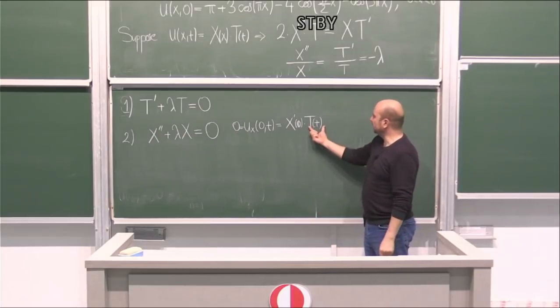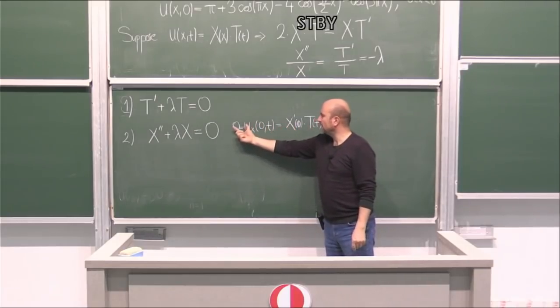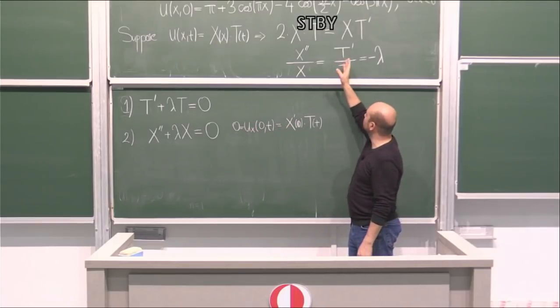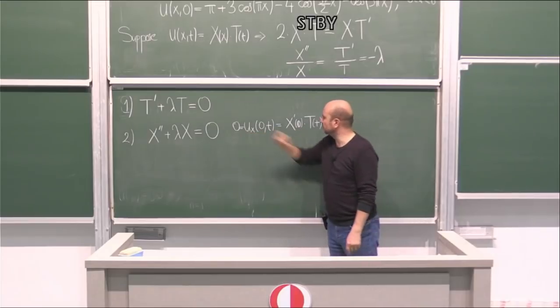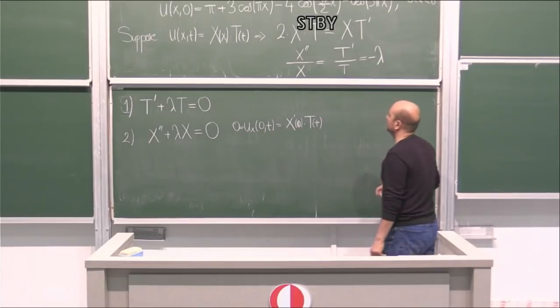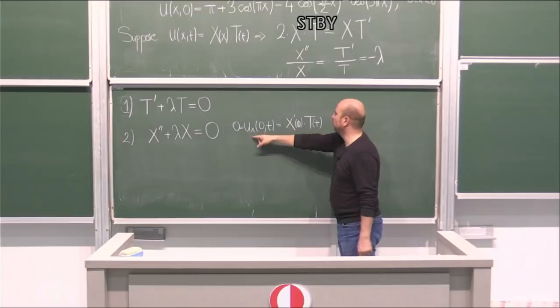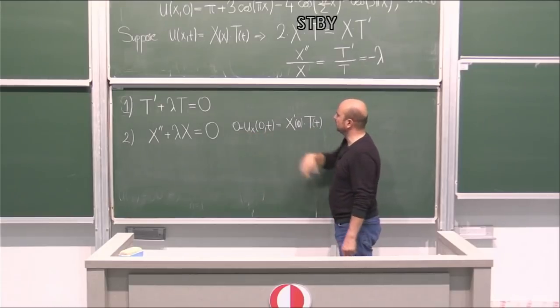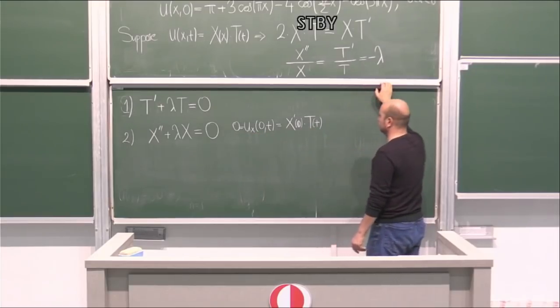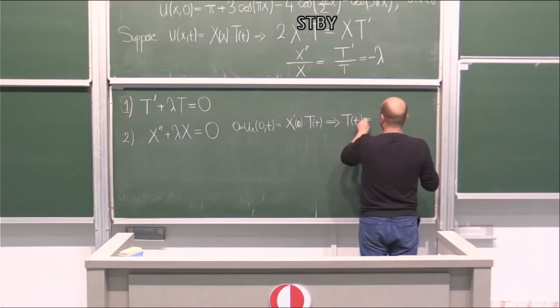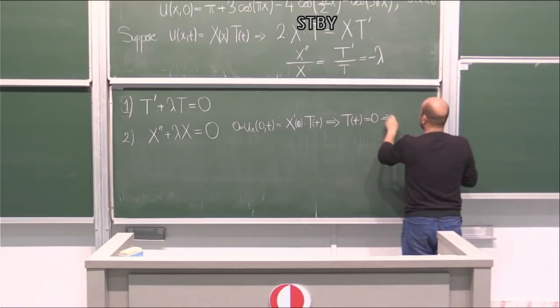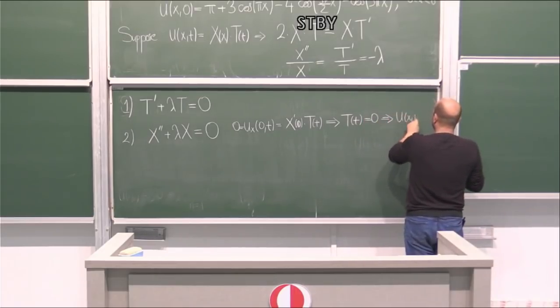Again, if T of t is 0, then I will get the trivial solution, the 0 solution, which gives us u of x,t is 0.